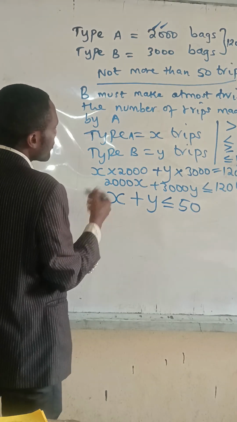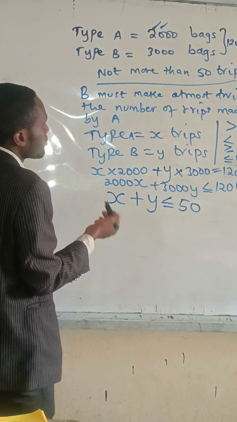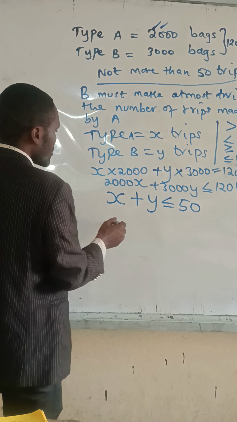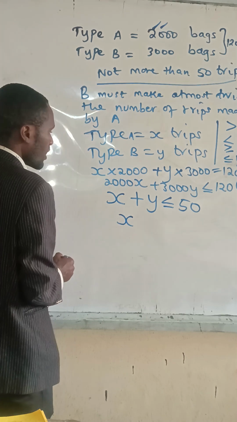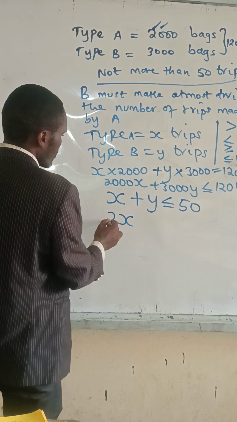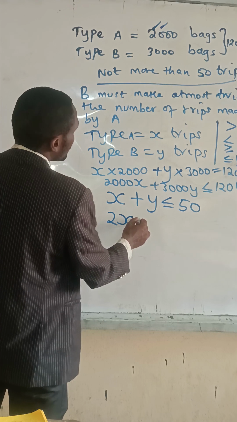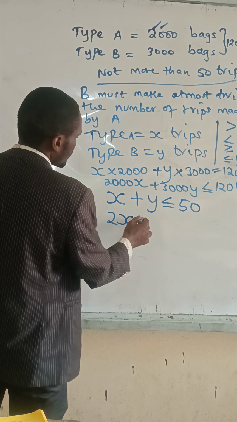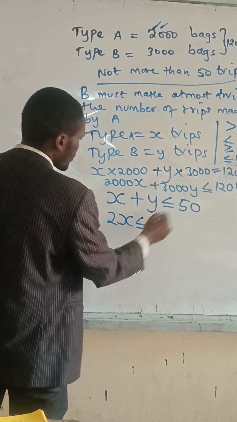Then they're telling us the number of trips made by B should be at most twice the number of trips made by A. So x is the number of trips made by A, and 2x, since they say it should be at most, means it should be less than or equal to y.